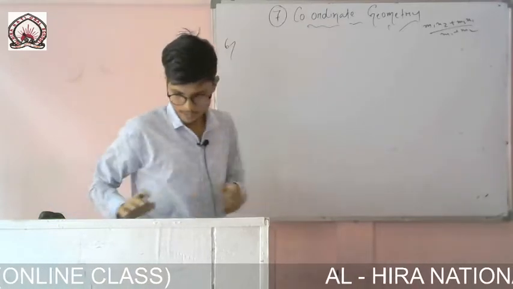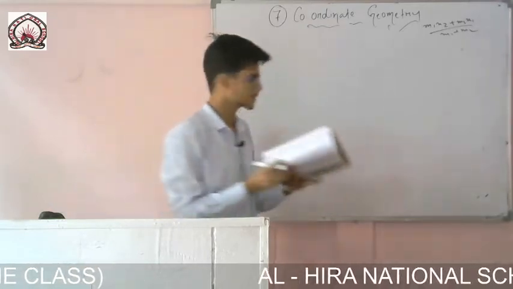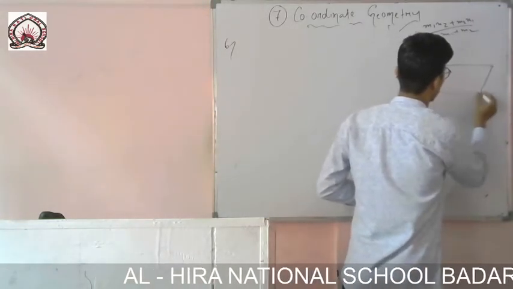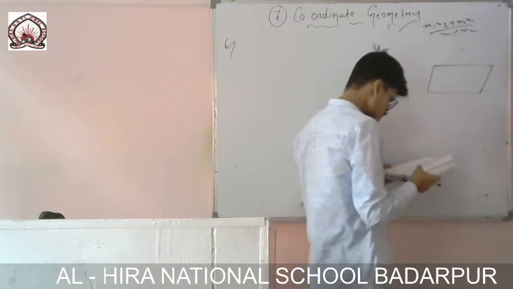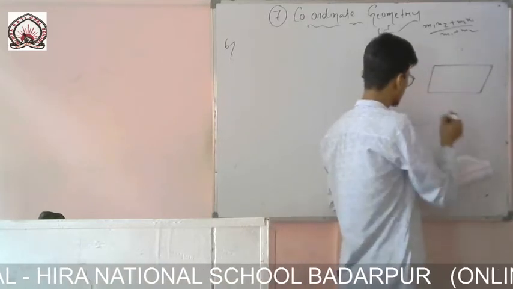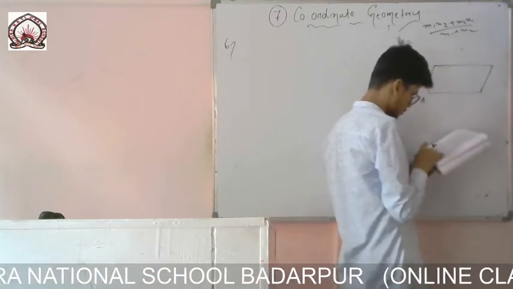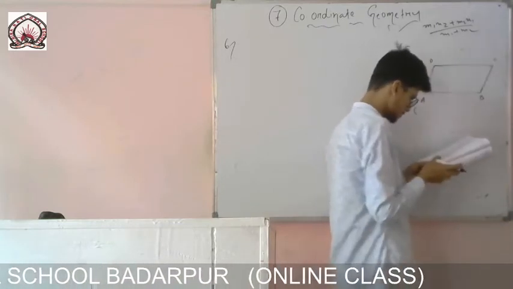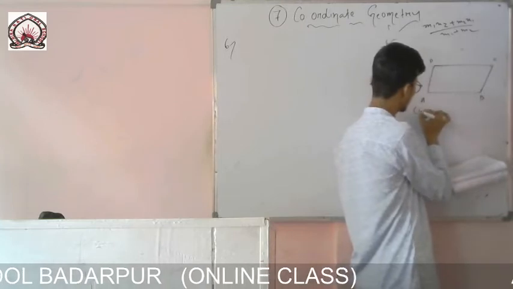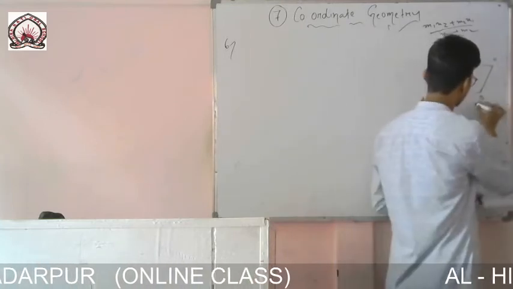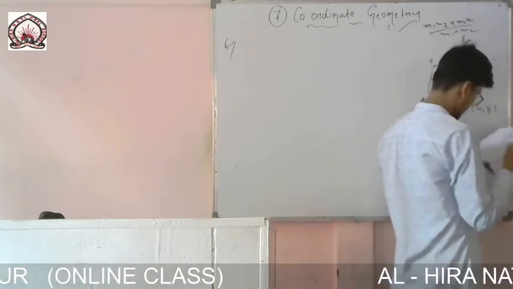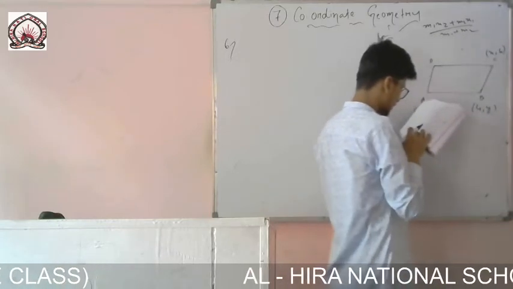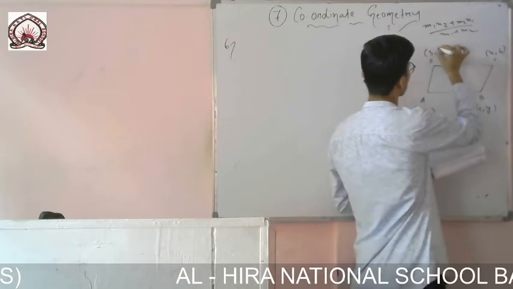So these are the coordinates, let me write them. It is given that they form a parallelogram, and the coordinates of each point are given in order. If I name the points A, B, C, D, then the first one is (1, 2), the next is (4, y), the third is (x, 6), and the fourth is (3, 5).